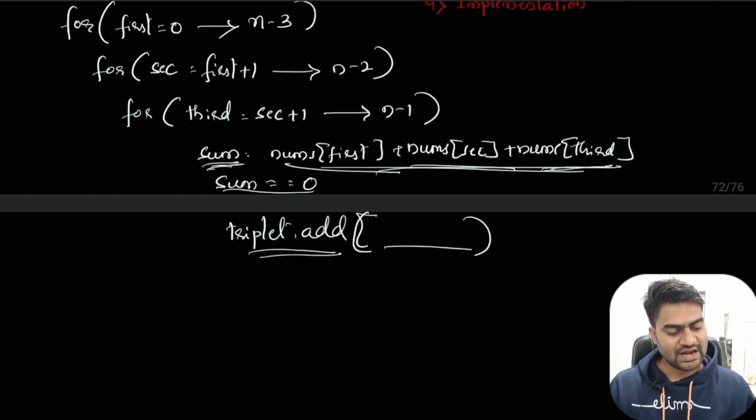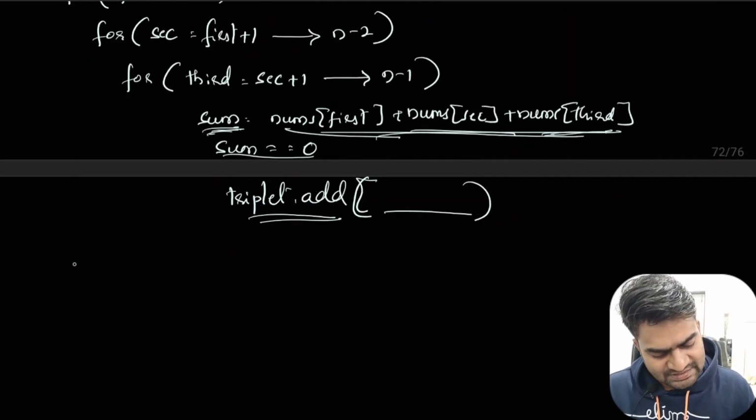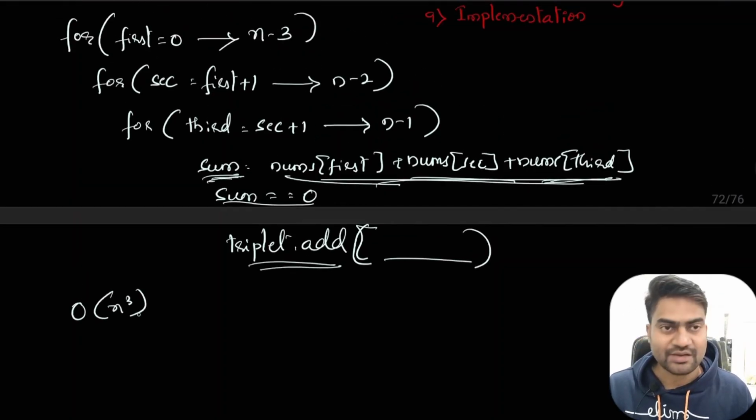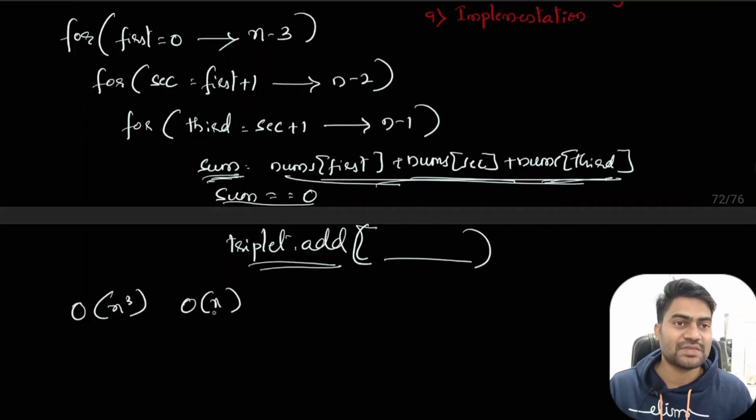Okay, so with that, if we see the time complexity, since it takes 3 loops, it is of order N cubed. Okay, and we use extra space, which is a set to check whether our triplet already exists or not. So for that we will use some extra space, which will be mostly order of n space complexity.